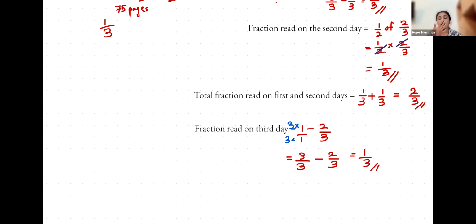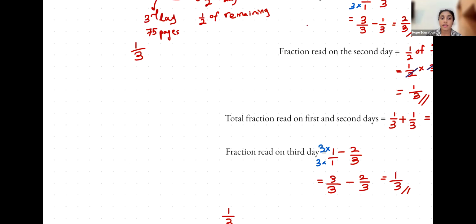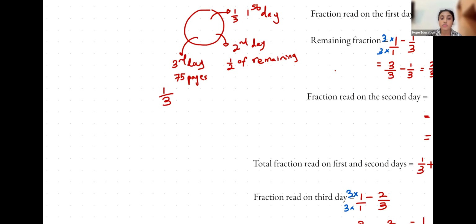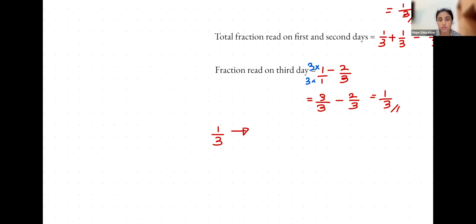Okay. Now Lamai, the fraction read on the third day we know. We also know the number of pages. So the fraction read on the third day should be equal to the number of pages, right? So the fraction 1/3 should be equal to 75 pages. In the question, they are asking how many pages there were in total.